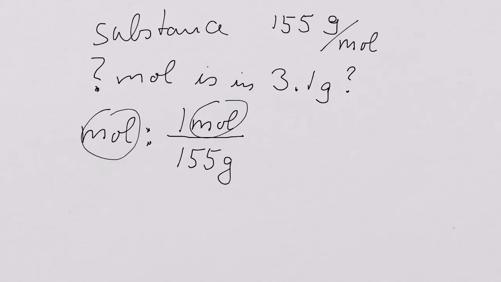Get rid of the gram down here and multiply. Multiply it by something that has gram in it. Do we have anything with gram in it? 3.1 grams. What happens to our units? They cancel out.